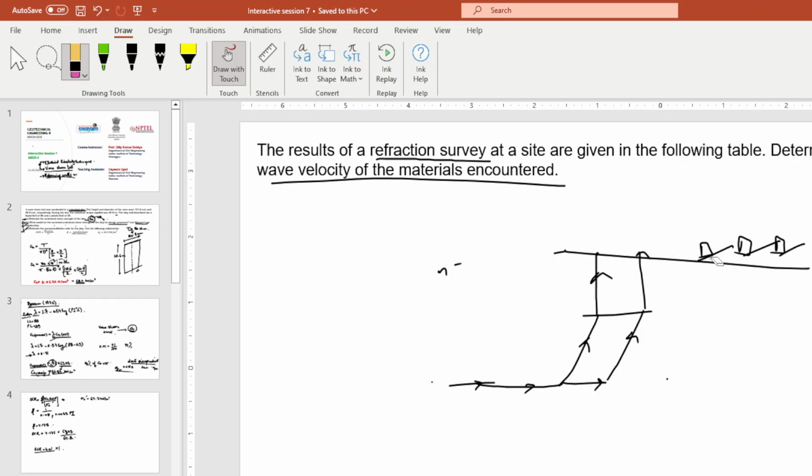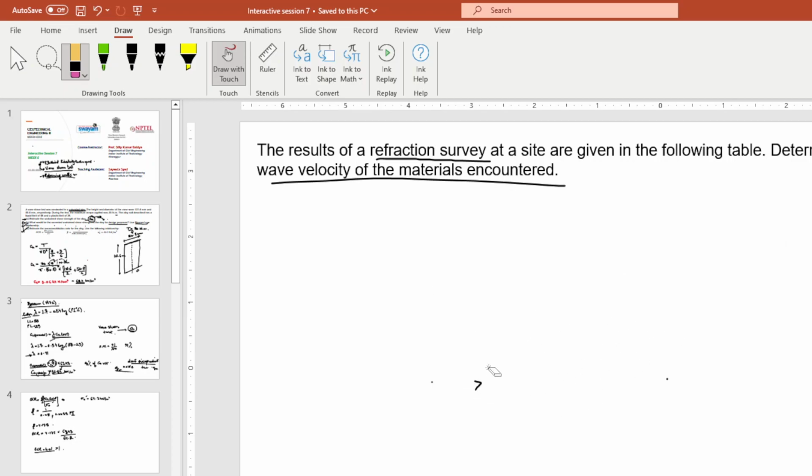Let me clear this. So we know that P waves will travel faster than the S waves. Hence, the first arrival of the disturbance of waves will be related to the P wave velocities in various layers.